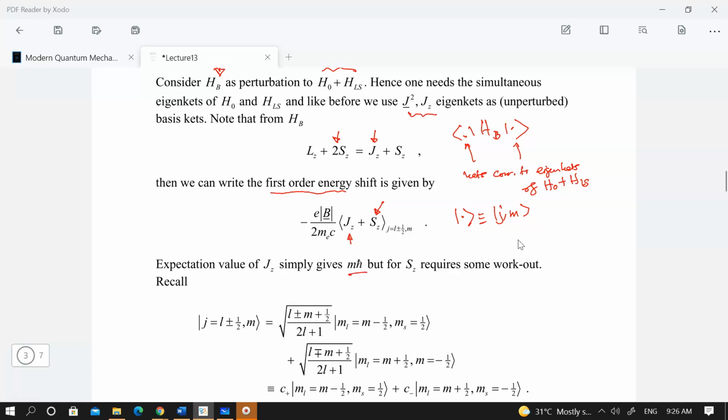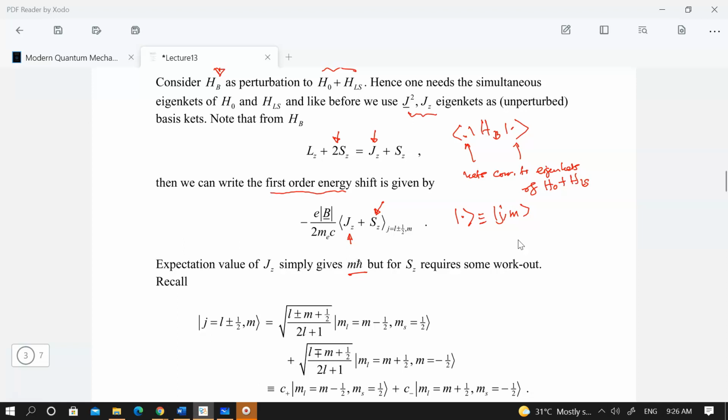Okay, but how to evaluate Sz with respect to this eigenket? Well, over here you need to recall the idea of addition of angular momenta.